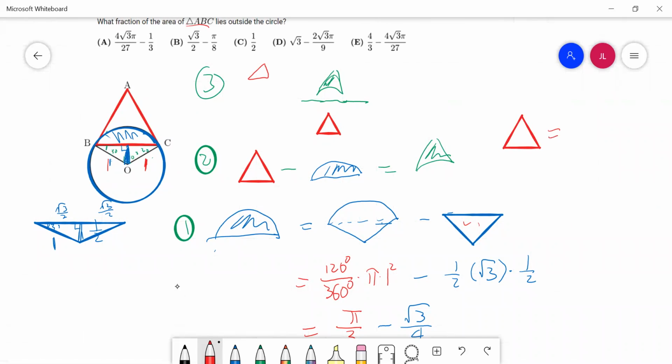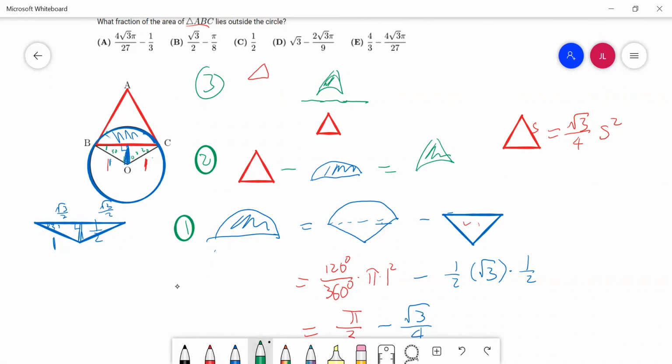For triangle ABC, we can use side length S to find the area. If we know the side length, the area is square root 3/4 S squared. But we don't know the side length yet. We can go back to the graph and find out.